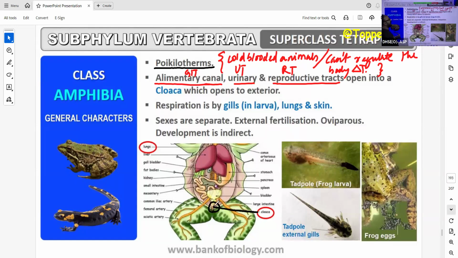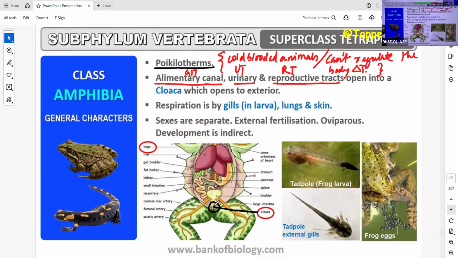Okay. So cloaca is that structure into which the alimentary canal, the urinary tract, and the reproductive tract all come together. Therefore, it is the common structure that is basically associated with the reproductive, the gastrointestinal, as well as the urinary tract.